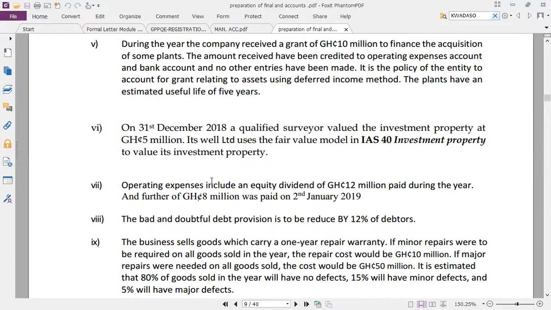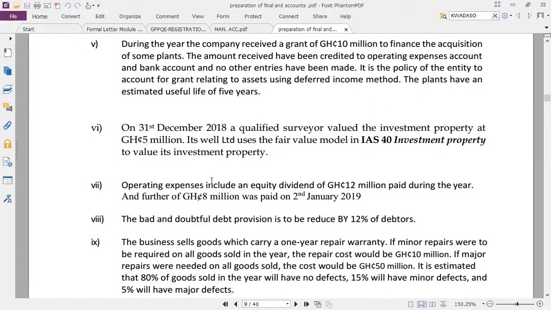So all we have to do is look for the receivable figure and strike 12%. But here they say reduce by, and here we say by is the movement. By means the difference. So that's what we go to the P&L. So that means we have to send that figure straight to the P&L.